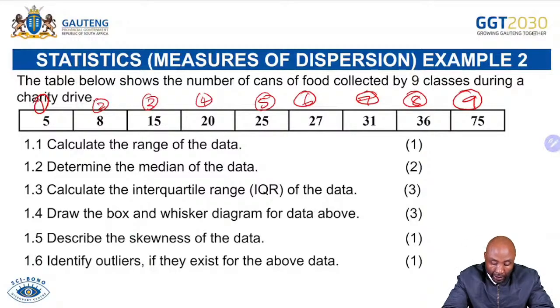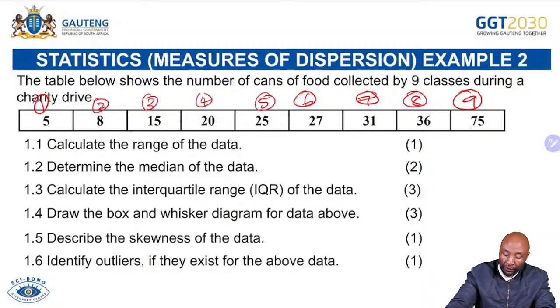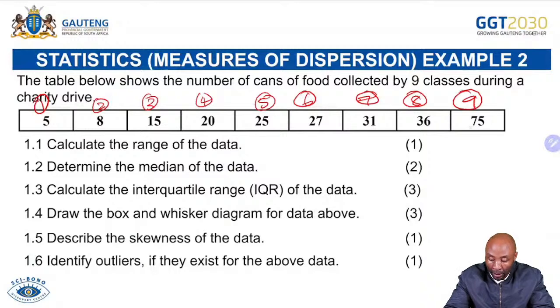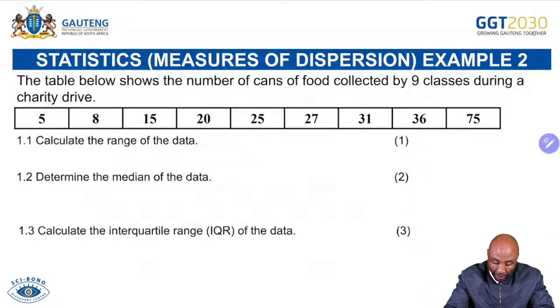So we are supposed to calculate the range. We said our range, it's maximum minus minimum. Our maximum is 75. We subtract our minimum, which is 5, and we get our range as 70.